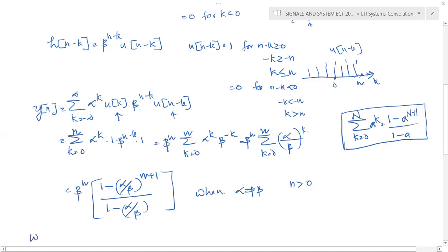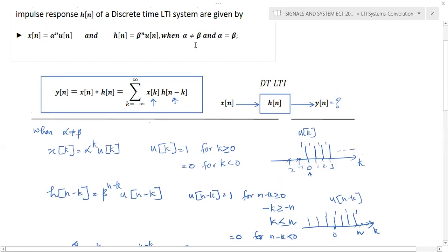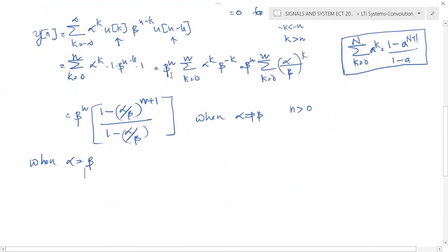Now we need to consider the case when alpha is equal to beta. In the problem, there are two conditions: alpha not equal to beta and alpha equal to beta. If you substitute alpha equal to beta in the final equation of y of n, you can see that the denominator, 1 minus alpha by alpha, becomes indeterminate.